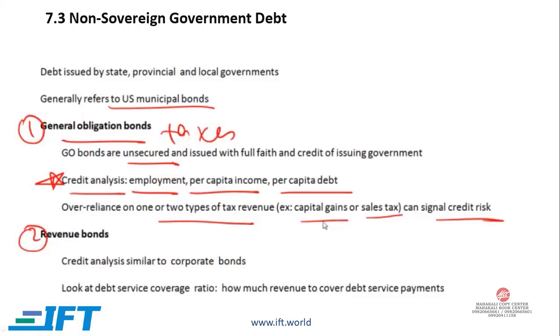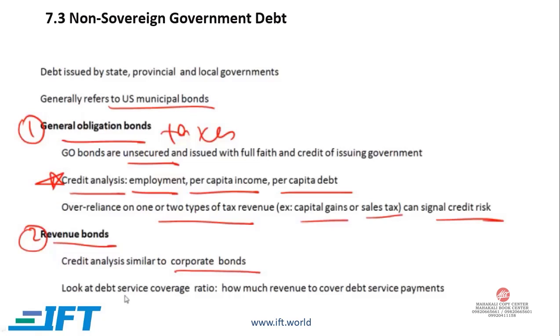of credit risk. Revenue bonds, as the term implies, are bonds that are serviced based on the revenue of a project. So if a state government issues bonds to build a toll highway, then that would be a revenue bond. The analysis, as you might imagine, is quite similar to the analysis of corporate bonds.